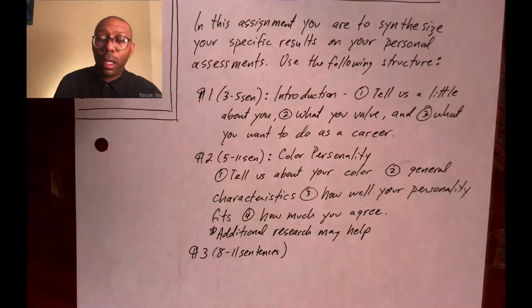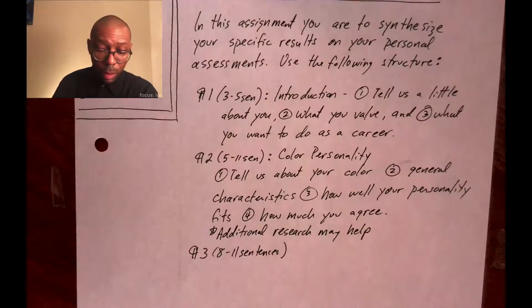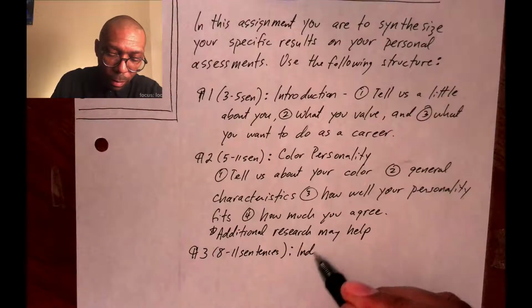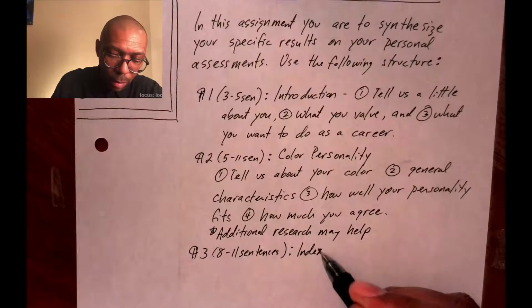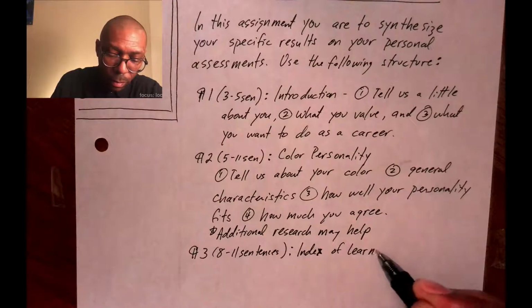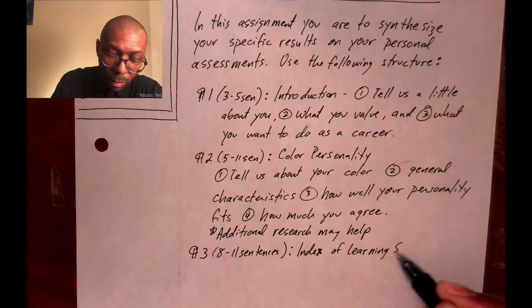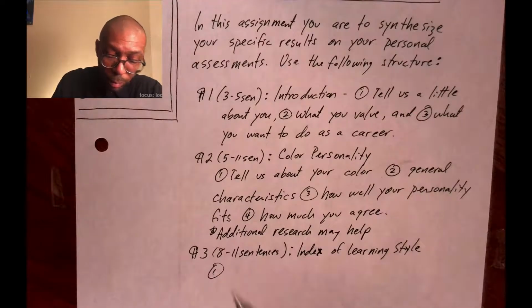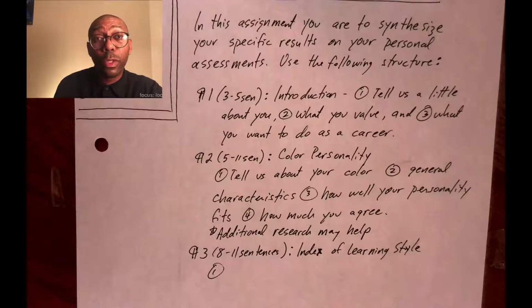Now for this one, I do expect you to go a little bit in depth because this one is dealing with the index of learning style. Now, because this is the longer one, I am going to expect you to select 3 of the, I think there are 5 dimensions on this assessment.